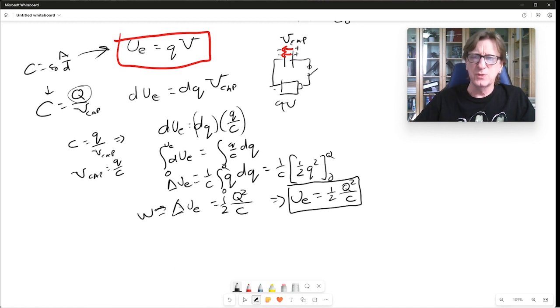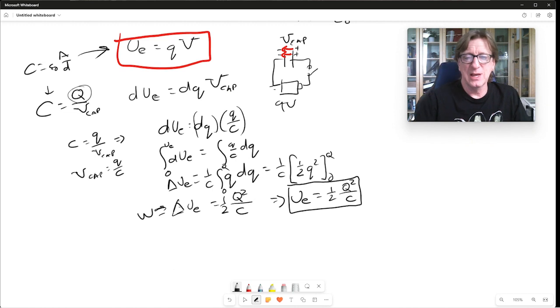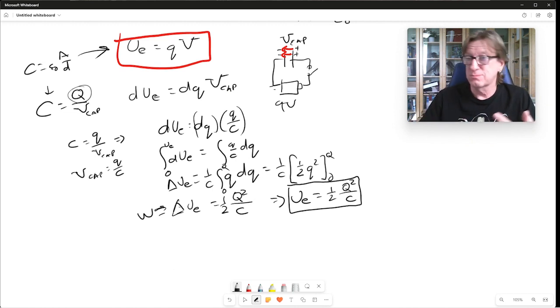Now, most of the time when we're doing this from a practical standpoint, I don't know how much charge is there. Usually I know the voltage, I know the current, we'll talk about later. I know the capacitance. So we want to express this also in terms of the voltage. So I'm just going to go right back to my friend here, and I'm going to plug that back in. I'm going to solve this for Q. So let's do that in the side over here.